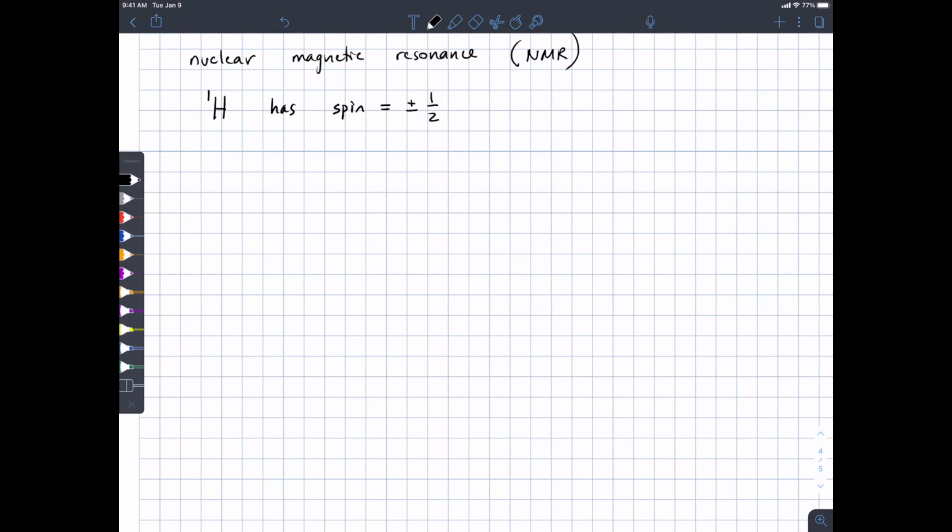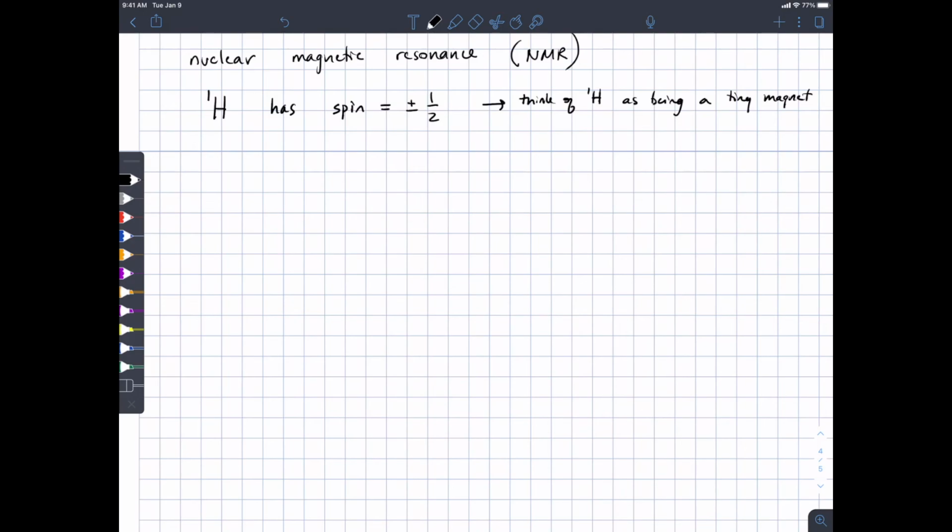And for charged particles, when they have a non-zero spin, that means they have a magnetic field. Okay? So you can think of a hydrogen atom as being a tiny magnet. Which means it could be responsive to a magnetic field.